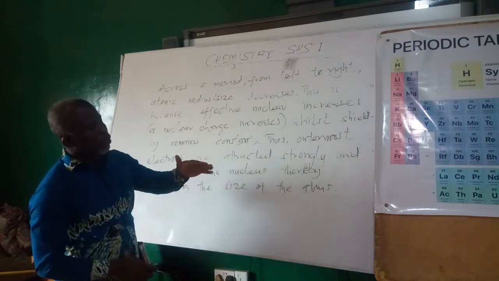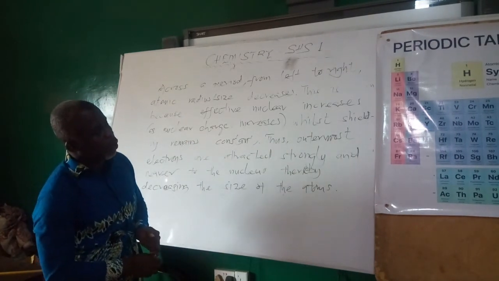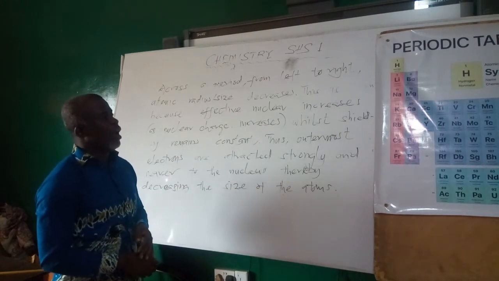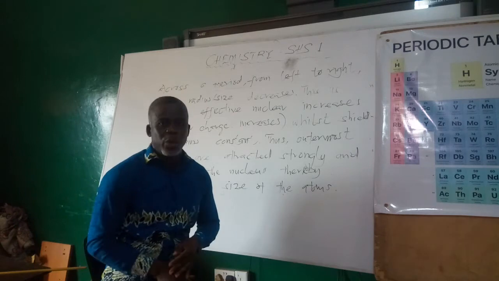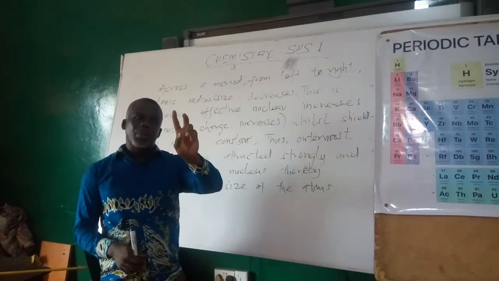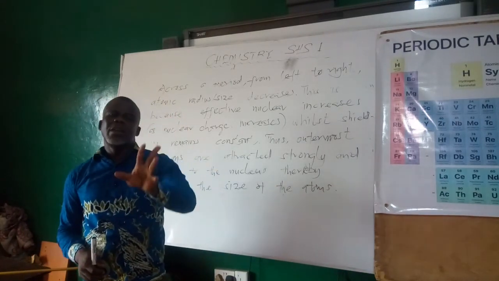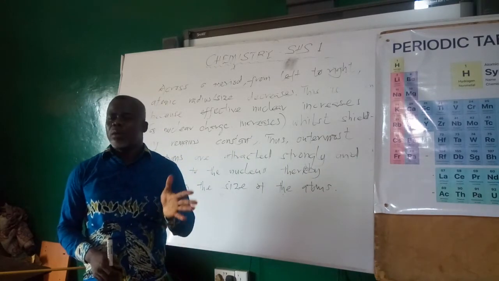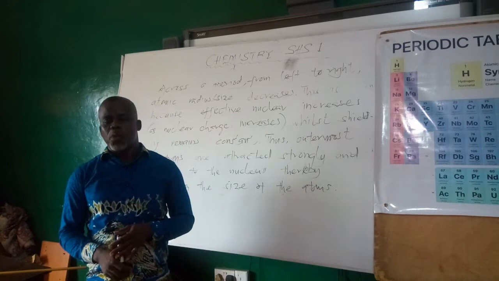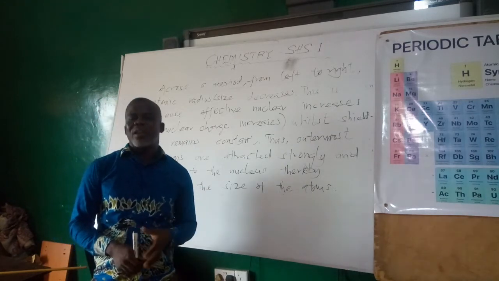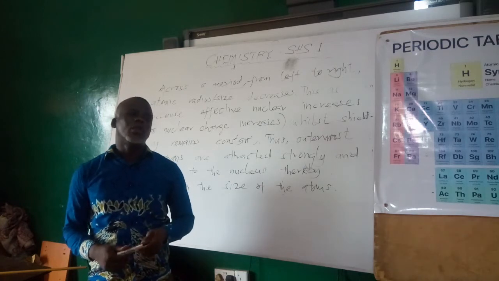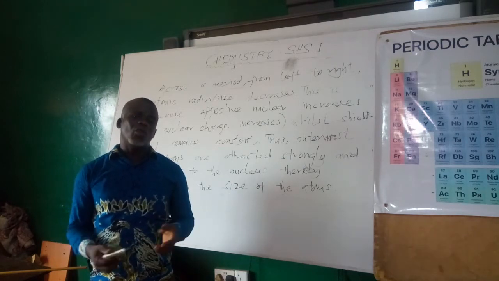So let me do some quick revision, a recap of what we have done today. We started with the position of hydrogen, and I said that hydrogen can be placed in two groups. Traditionally it's placed in group 1 because it has one electron in the outermost shell, and it loses this one electron as the group 1 elements do.